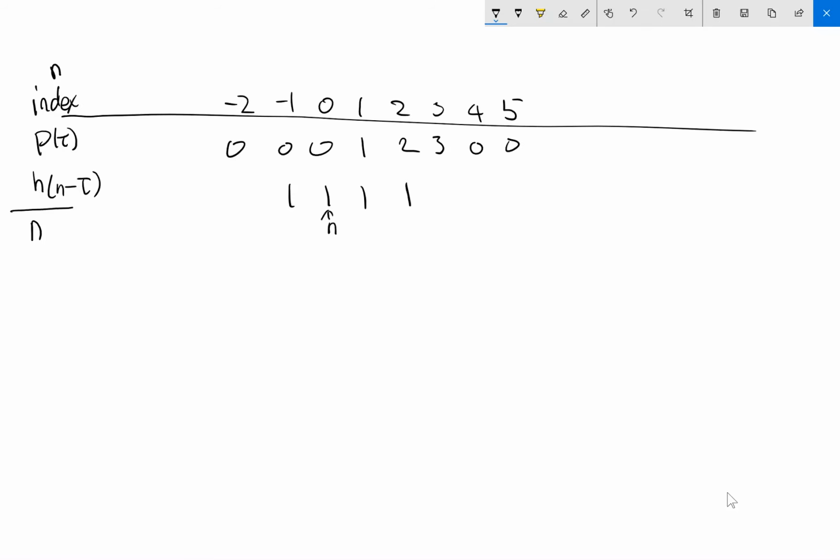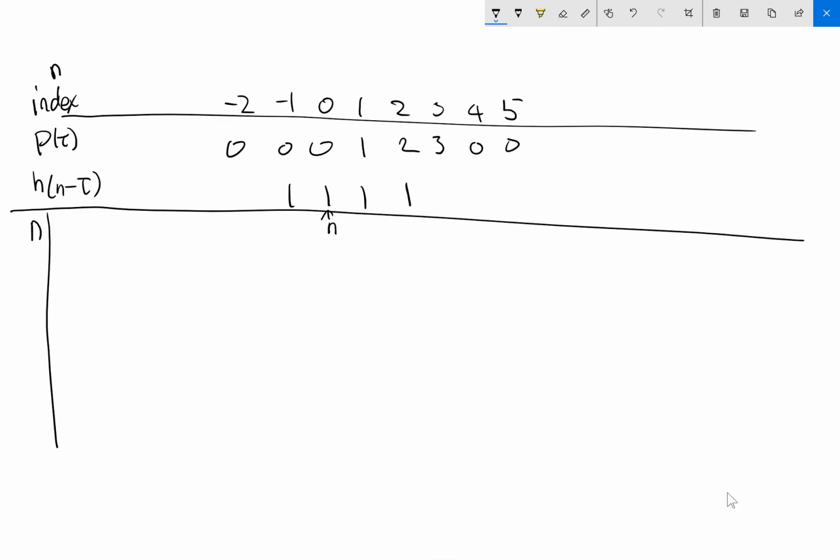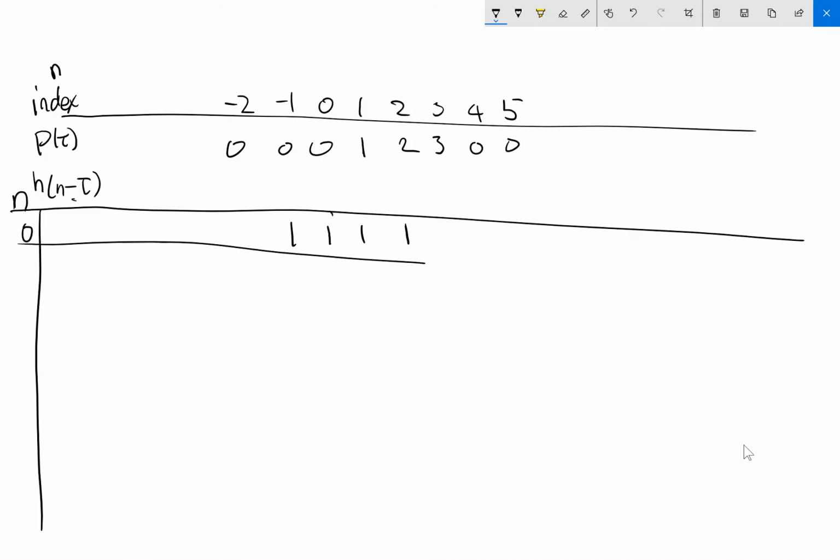So let's make a table like this. This takes one space. So let's make n equal to 0 at first, which is like this one. So we see two overlaps. So 1 multiplied by 1 plus 2 multiplied by 2, and you get 3.